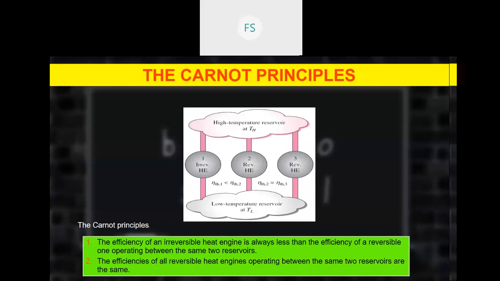Both are reversible heat engines, the ideal heat engines, and they are operating between the same two reservoirs. Therefore, the thermal efficiency for both number 2 and number 3, the reversible ones, are the same. These are the principles for the Carnot heat engines, the heat engines that operate using the Carnot cycle.